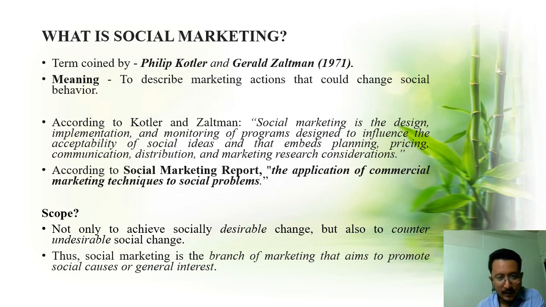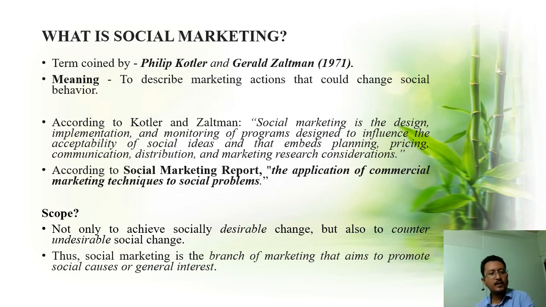So they said that social marketing is the design, implementation, and monitoring of programs designed to influence the acceptability of social ideas, and that embeds planning, pricing, communication, distribution, and marketing research considerations, right? There's another definition given by Social Marketing Report, which says that it's the application of commercial marketing techniques to social problems.